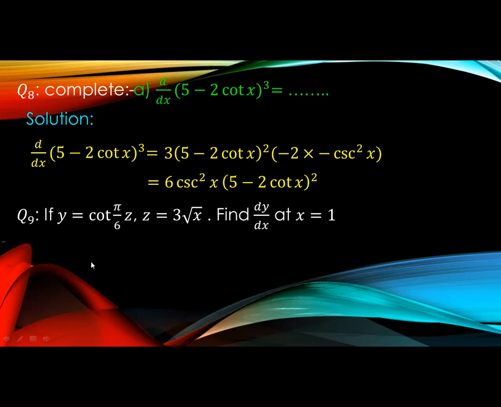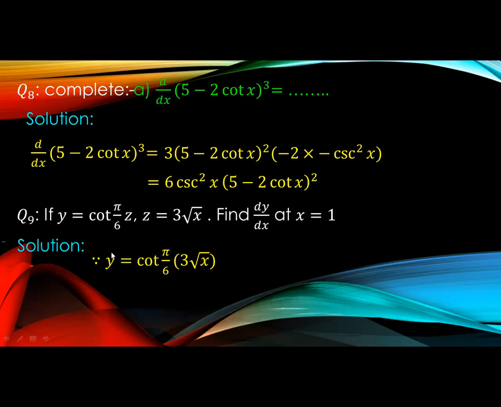Exercise number 5. If y equals cotan (pi over 6 z) and z equals 3 root x, find dy by dx at x equals 1. This curve is a composite function, so as a first step we find the differentiation, or we can substitute the value of z in the first function.